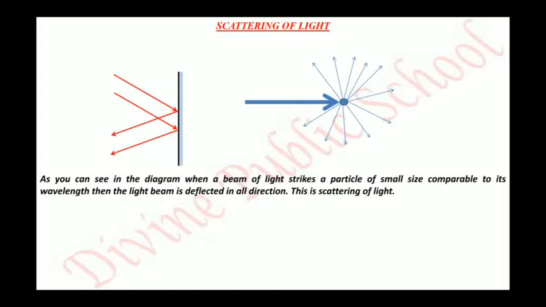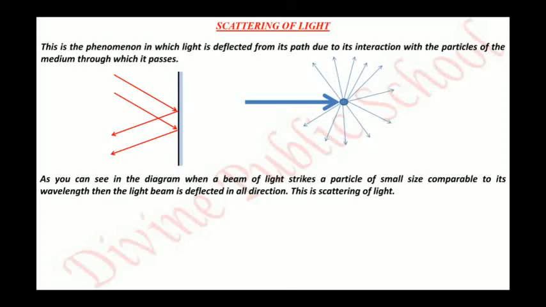How do we define scattering? We say that this is the phenomenon in which light is deflected from its path due to its interaction with the particles of the medium through which it passes. I hope it is clear.